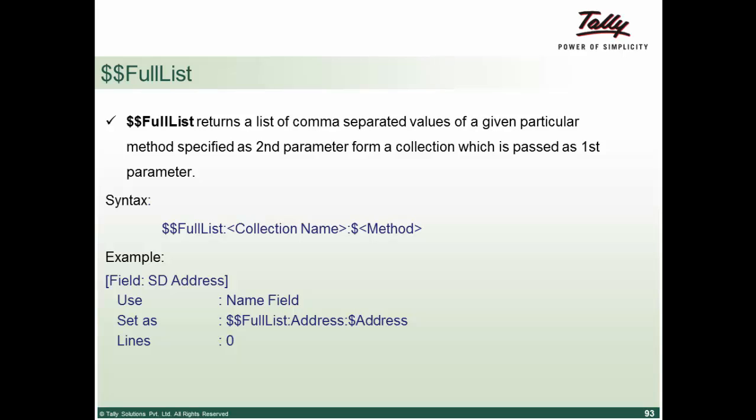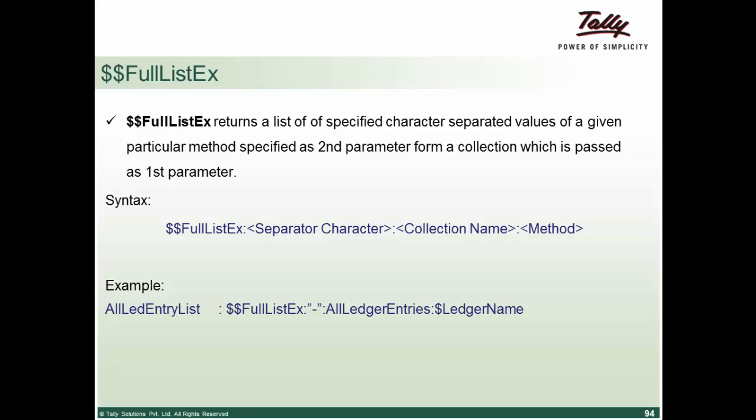Specifically, full list returns the values of a collection in comma separated values. So first method, first object and the second object come together but in a comma separated format. There is a little significant change between full list and full list EX.